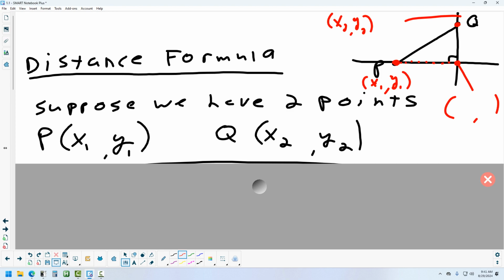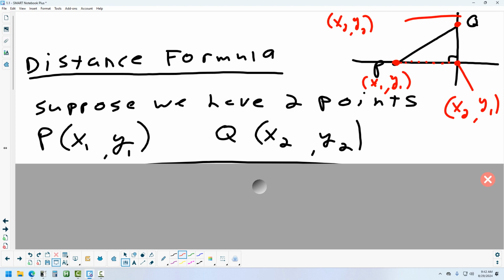Is it y2, x1? x1 would be a point that lines up somewhere. Flipped, yes. So what would the first one be? It would be x2, because it's lined up with Q, and y1, because it's lined up with P.